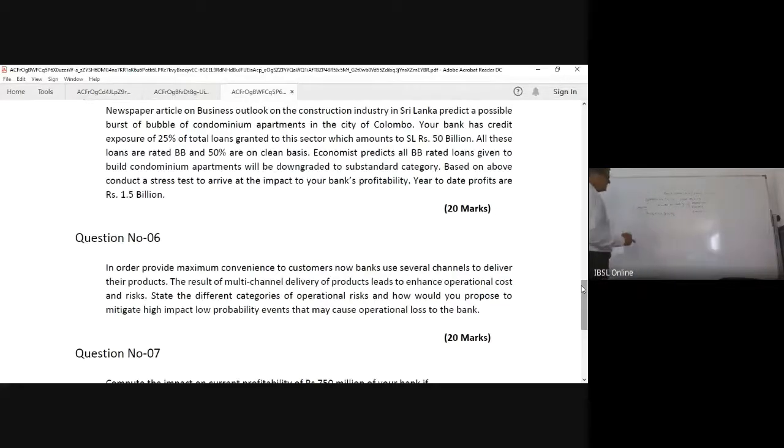Then the events will cover any external or internal ones. In brick and mortar, you could have a bank robbery or fire, lightning, or any external event which causes losses.